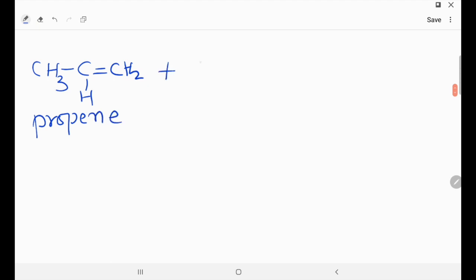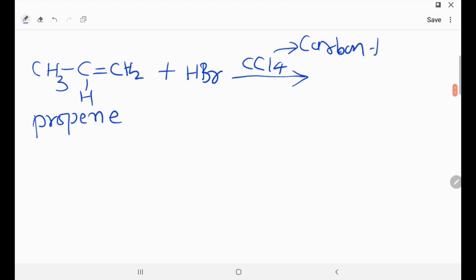Now again you want to add an HBr molecule, but now the solvent is changed to carbon tetrachloride, CCl4. So in the presence of carbon tetrachloride, what will be the product? This is a big question mark, so let's find out the product first.